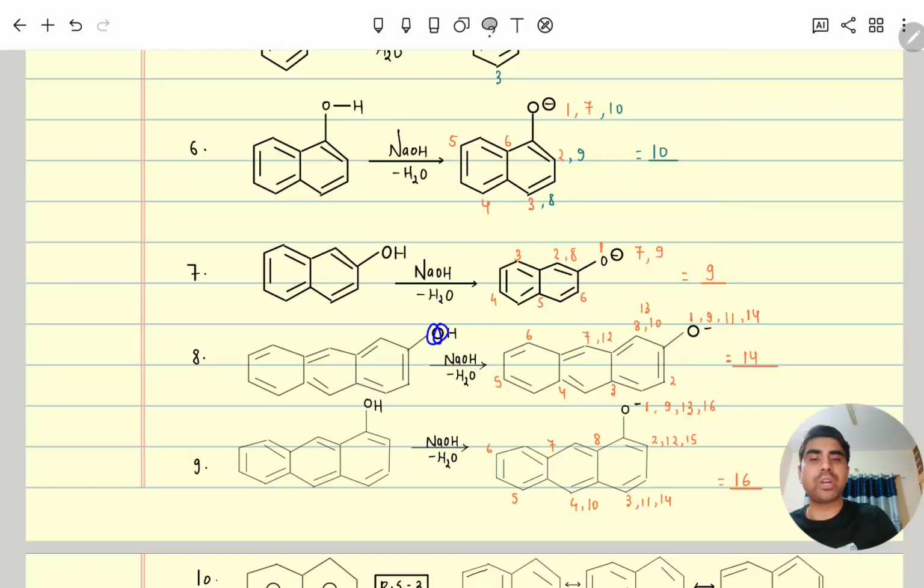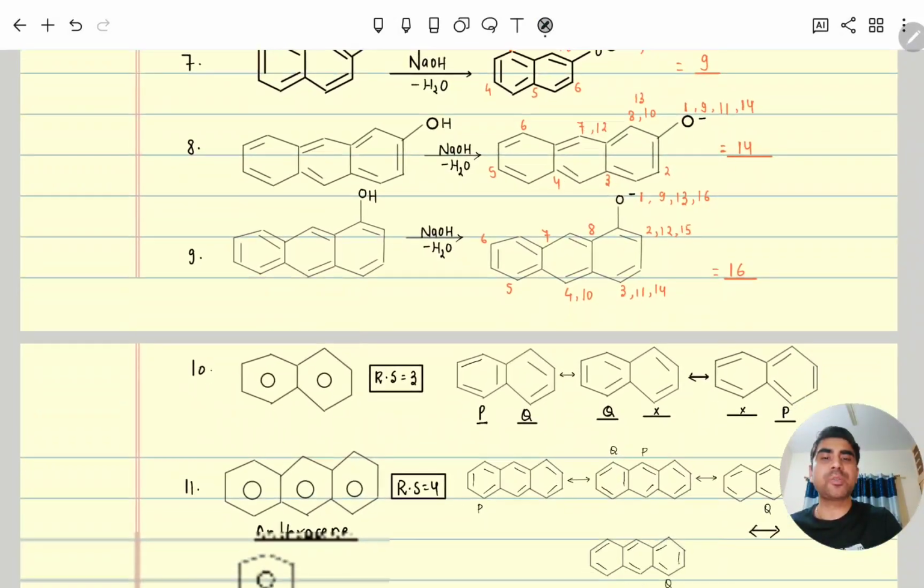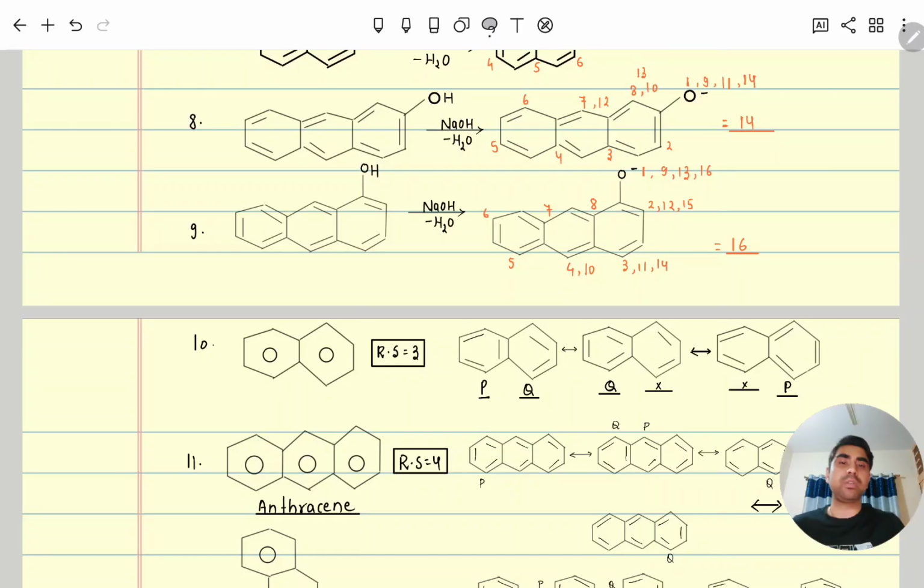Similarly here again O minus. So with respect to this, if you are not learning this trick, it is very difficult to draw all those resonating structures. Surely we will miss some and you will get the wrong answer. So here it is minus 1. So with respect to this 1, then after 2, 3 again bridgehead, 4 bridgehead, 5, 6, 7, 8, 9.